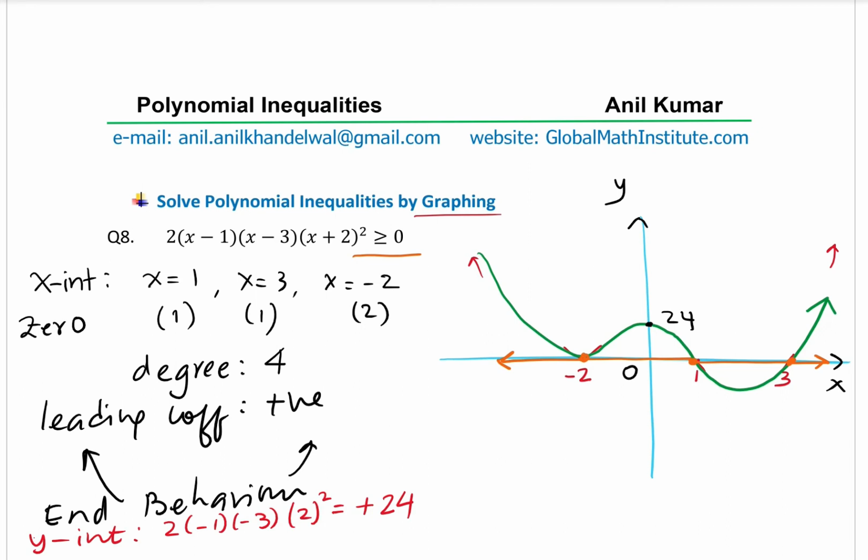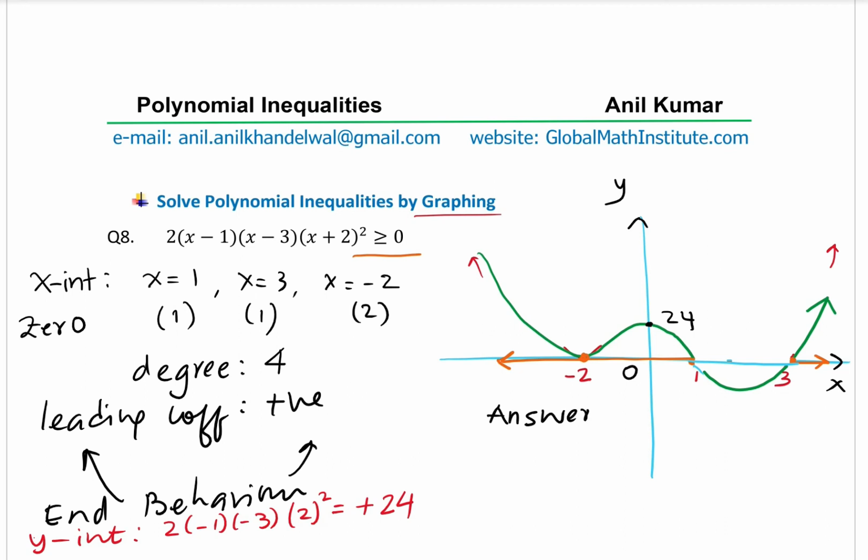Not this portion. Correct? So the graph is above the x-axis in the interval shown, right? So you could write down the solution, which let me write down here now.